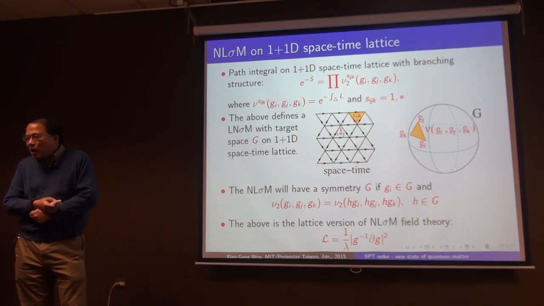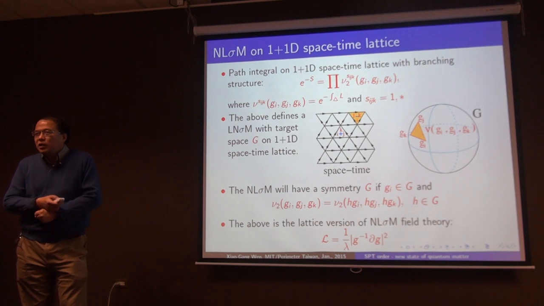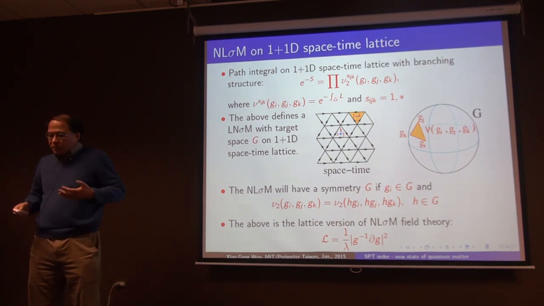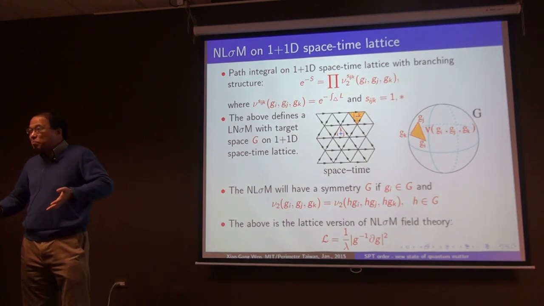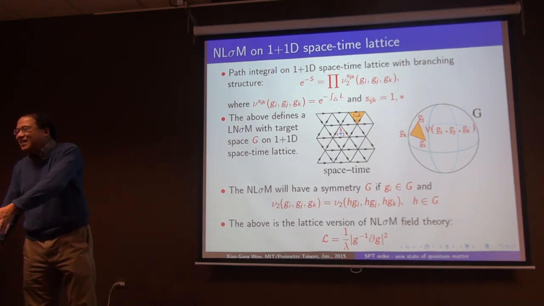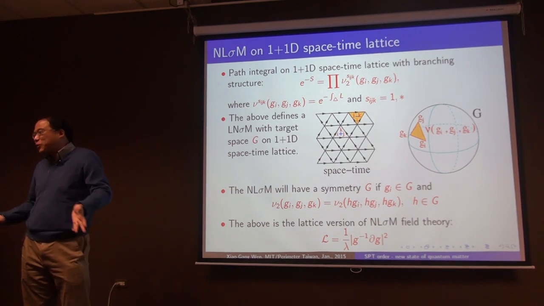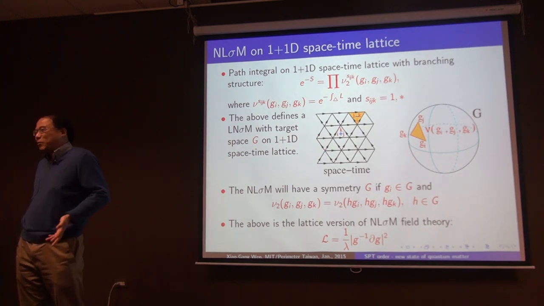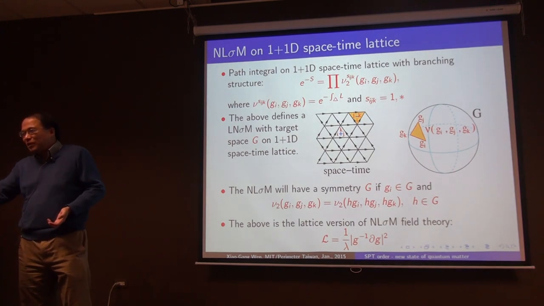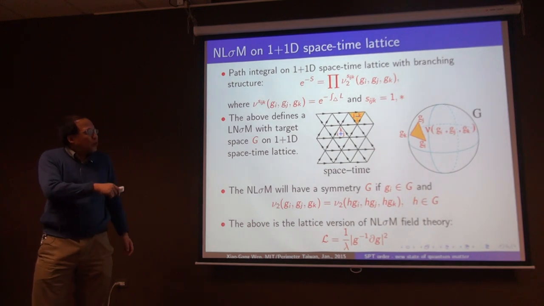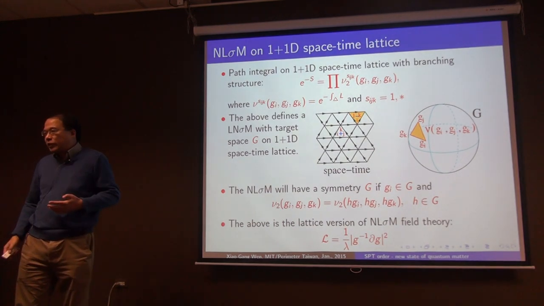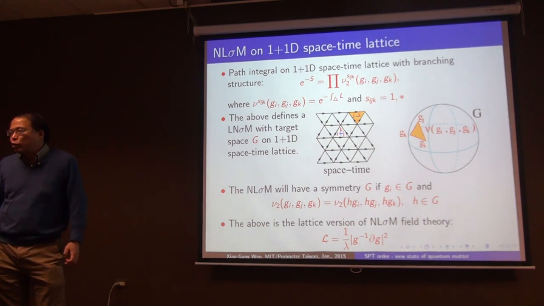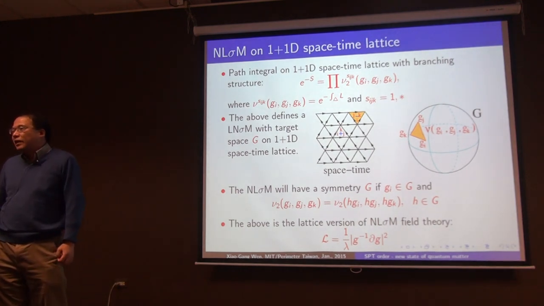However, remember that every theory can be put on curved space, and you can sum over different metrics. Then you get a gravity theory. And here, the real question is that. The theory on the space-time lattice can be promoted into a gravity theory by summing over all different triangulations.